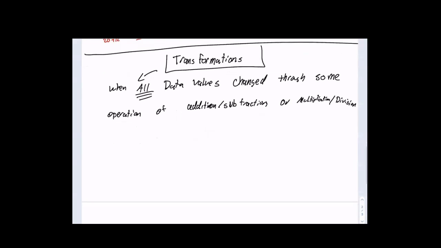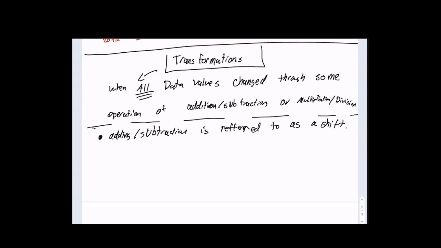Well, adding, or remember, subtracting, since subtraction is just the addition of a negative number, is referred to as a shift.